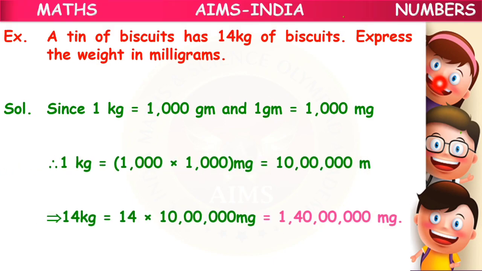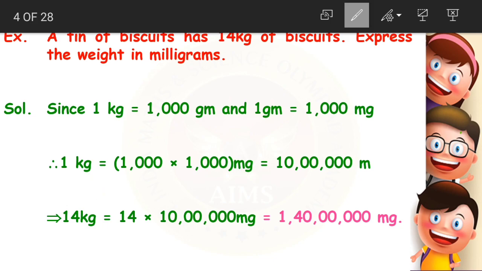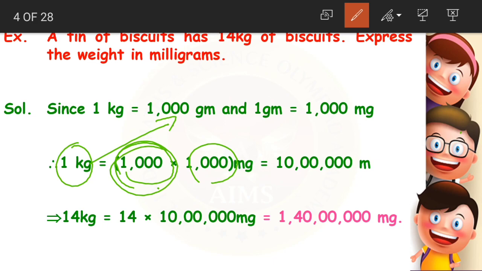Yes, you can do it that way, or simply what you can do is, since 1 kilogram is equal to 1000 grams and 1 gram is equal to 1000 milligrams, in total directly 1 kilogram will be equal to 1000 into 1000. See, 1 kilogram is equal to first 1000 grams, and then again each gram is equal to 1000 milligrams, so into 1000 milligrams.